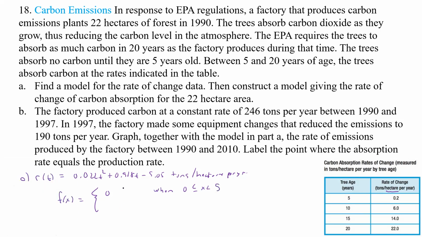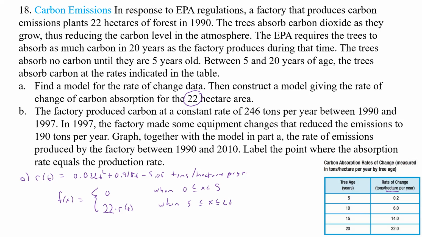And then otherwise it's going to be this equation per hectare. But remember, we've got 22 hectares. So this is going to be 22 times R of t, and that's when 5 is less than or equal to x less than or equal to 20. Okay, so that's going to be our function with that. So that helps us get part A.